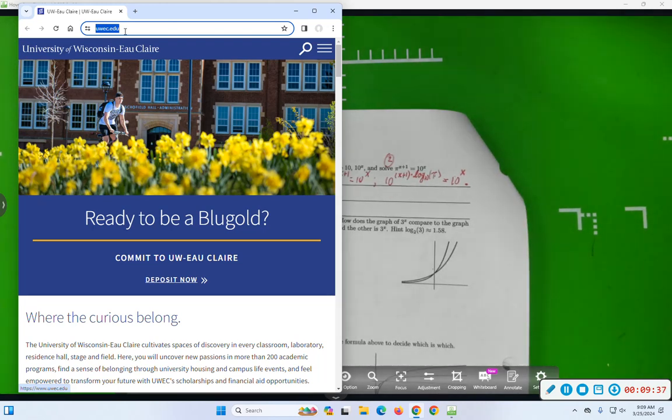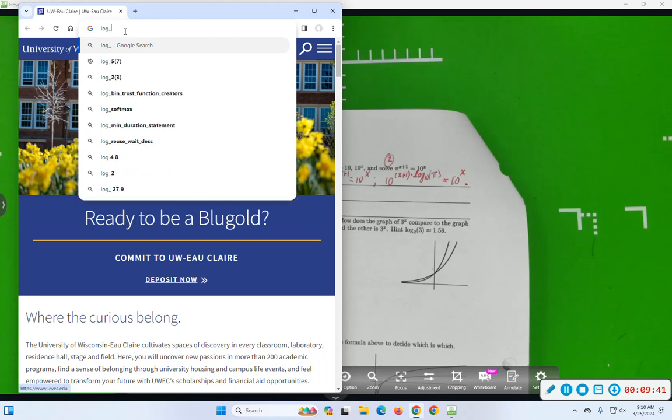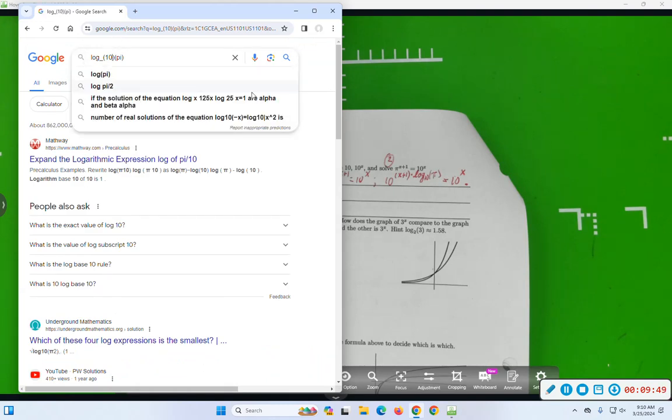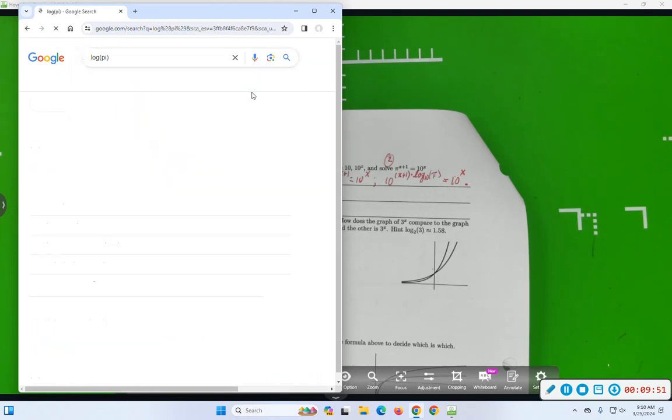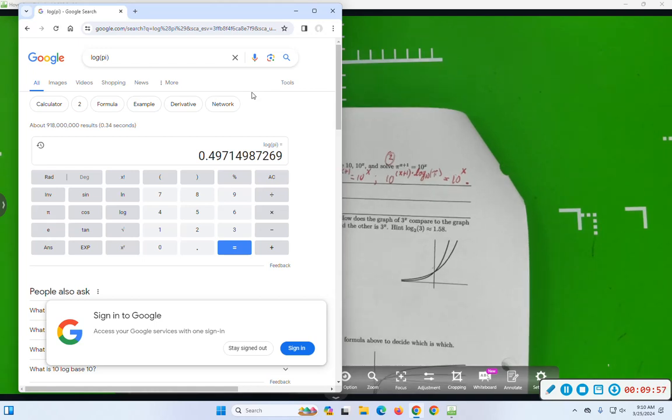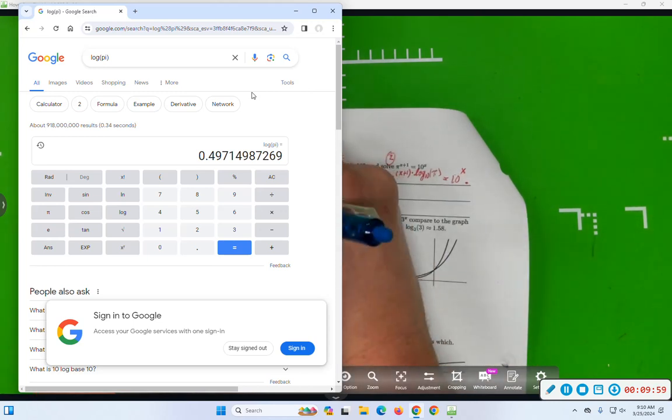It's because I haven't pressed this button yet. Now it should be fine. Log base 10 of pi. Well, what am I doing? It's base 10. Everything defaults to base 10. Log of pi is around 0.49. So whatever this constant is, it's about 0.5.